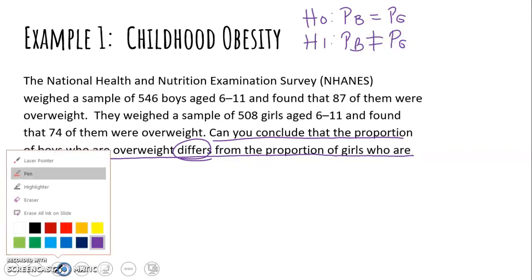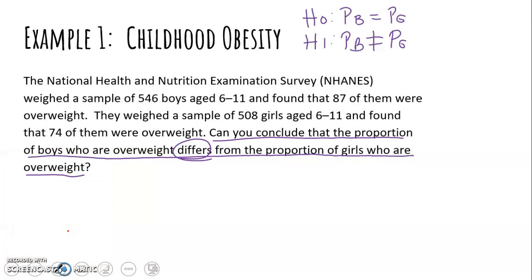Now, because we're talking about proportions, we're going to do a 2-prop z-test. It's going to ask us for x1 and n1 and x2 and n2, and it's going to ask us for our symbol.